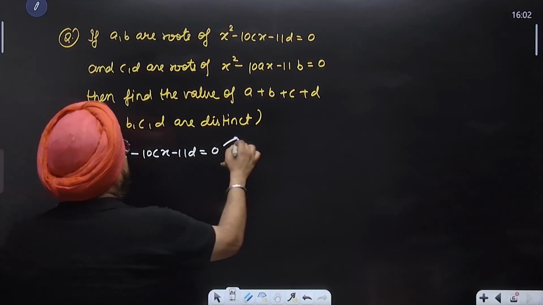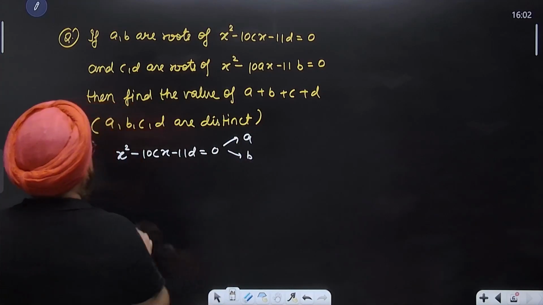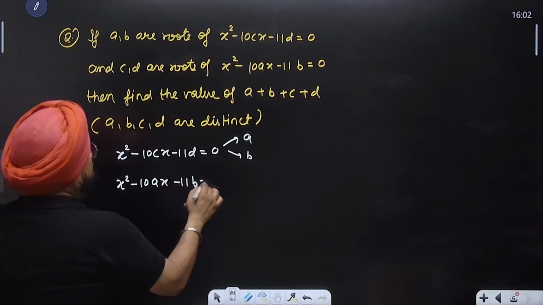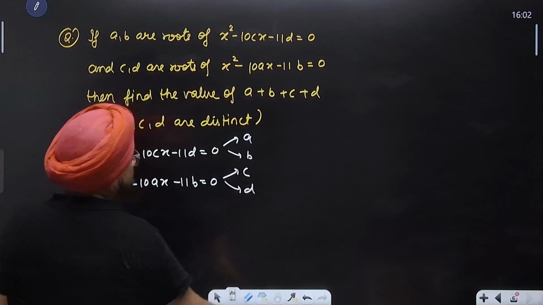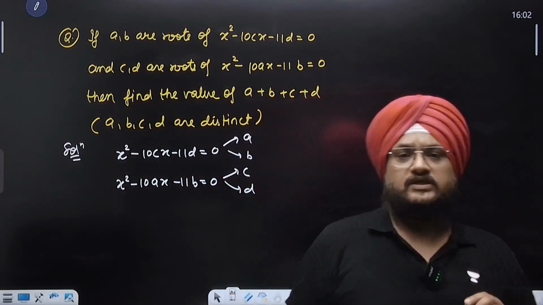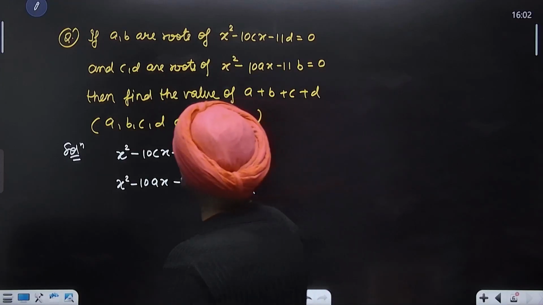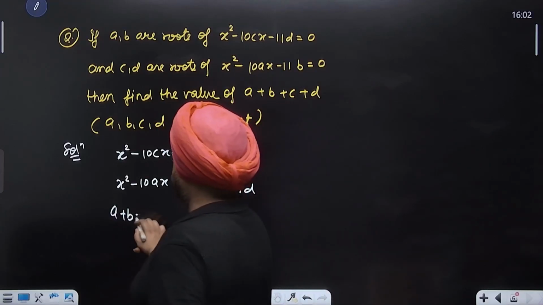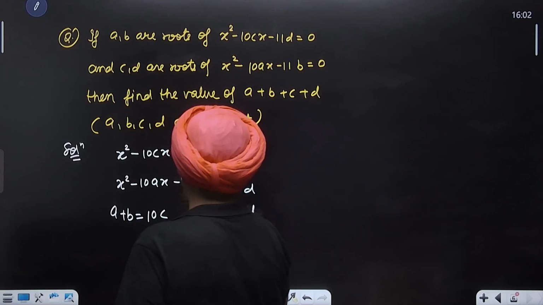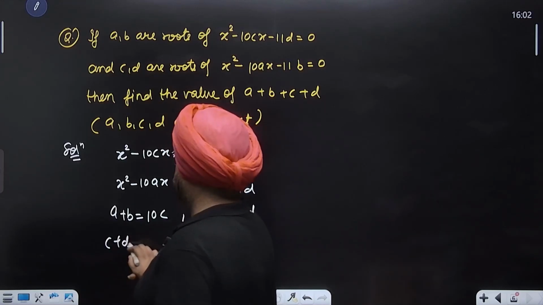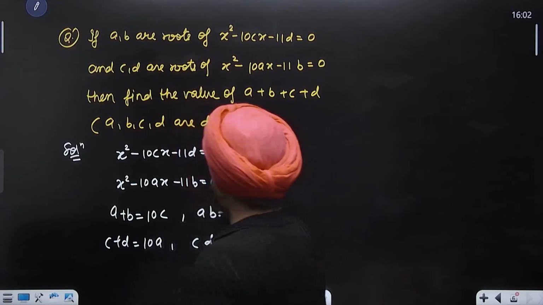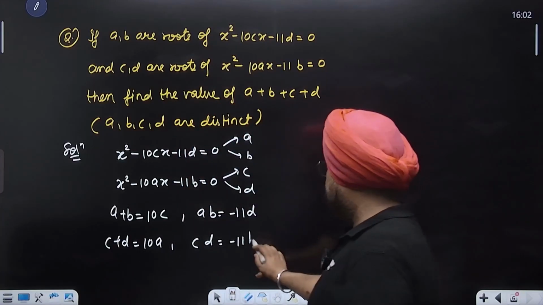See, this equation has roots a and b, and x square minus 10ax minus 11b has roots c and d. First of all, using the relation between roots and coefficients, we can write the sum of roots and product of roots. a plus b is 10c, ab is minus 11d, c plus d is 10a, cd is minus 11b.